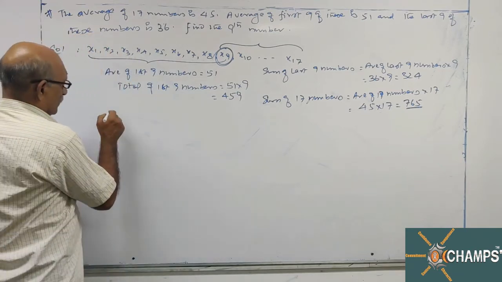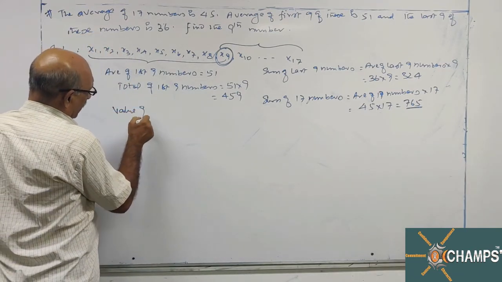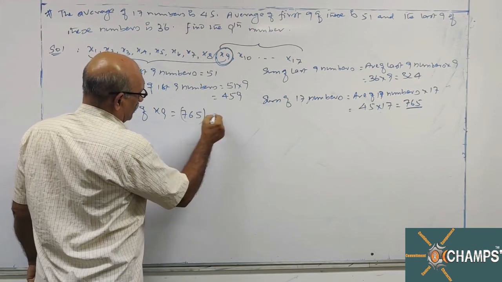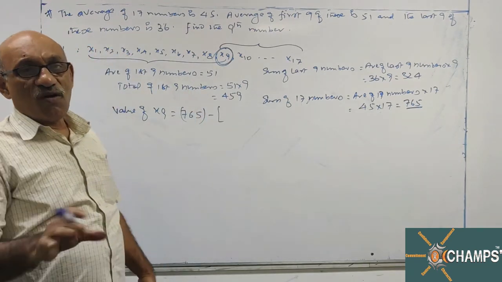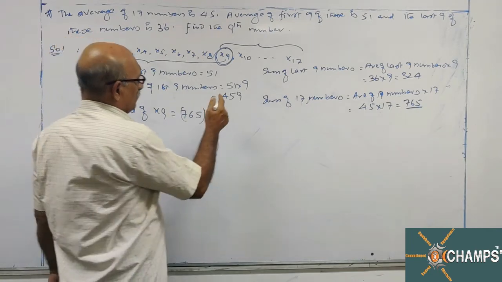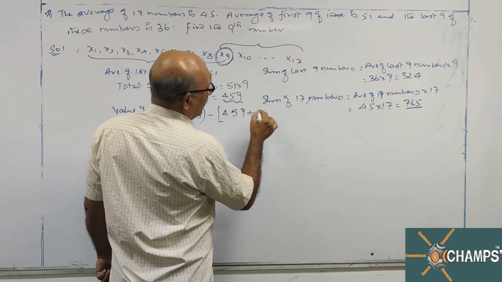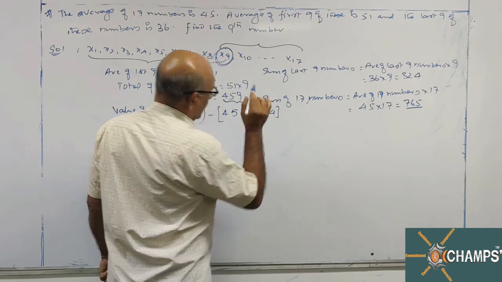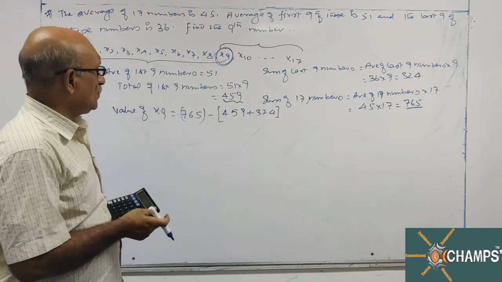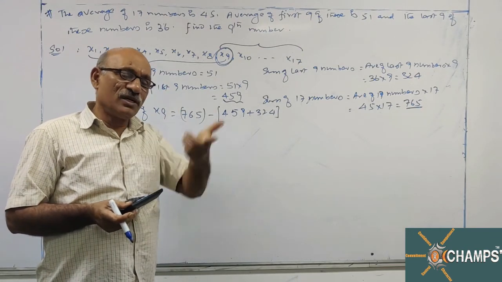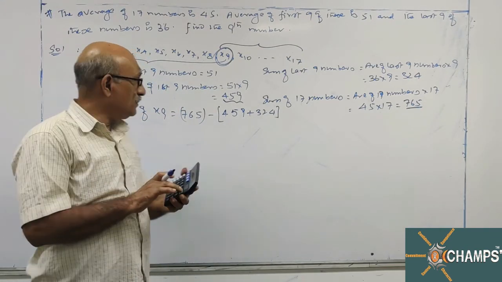Look at this. Value of x9 is equal to 765. This is the total of all 17 numbers. From the sum of first 9 numbers, so when I do this way, what will I get? That additional number which is double counted, its value is obtained.